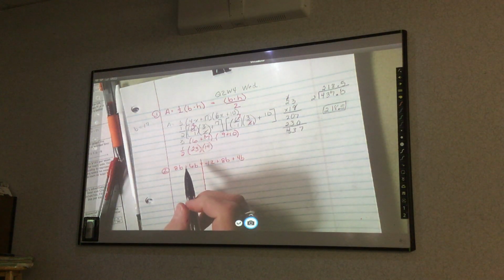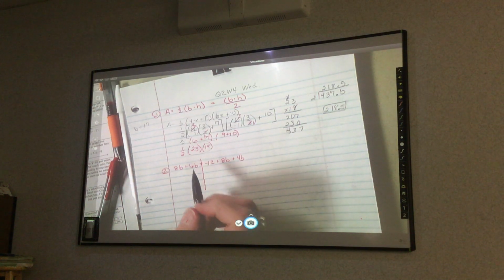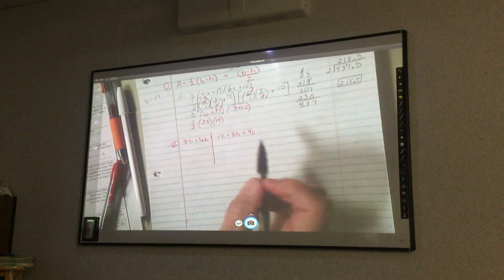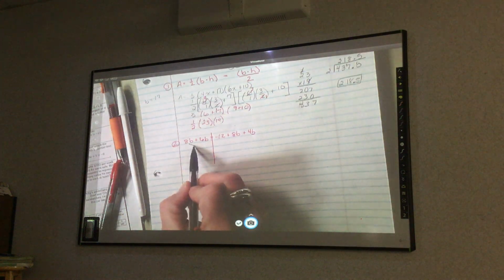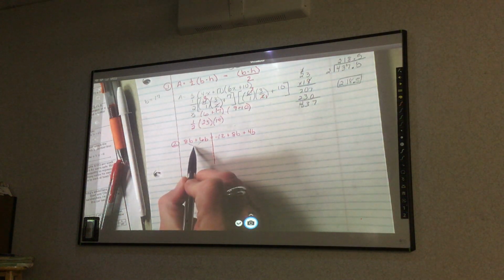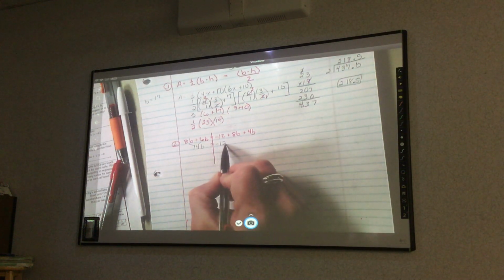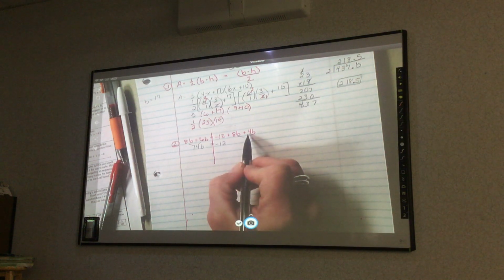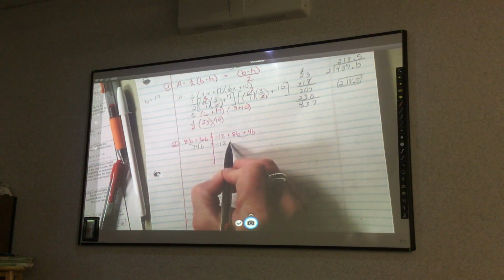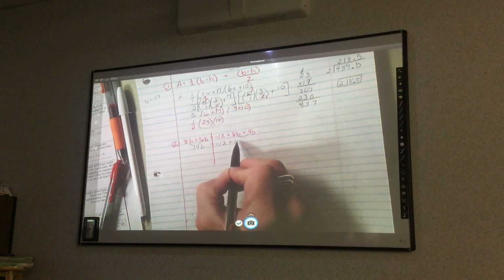What should I do? Combine what I have alike, right? So 8b and 6b makes what? 14b equals, I'm gonna keep the negative 12 by itself, and then 8b plus 4b is what? 12b.